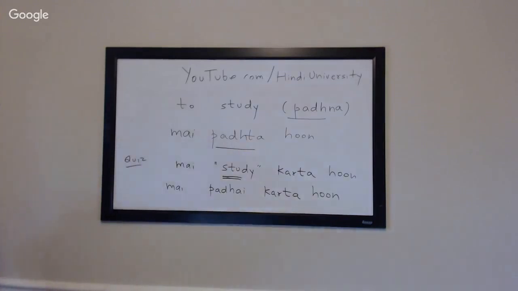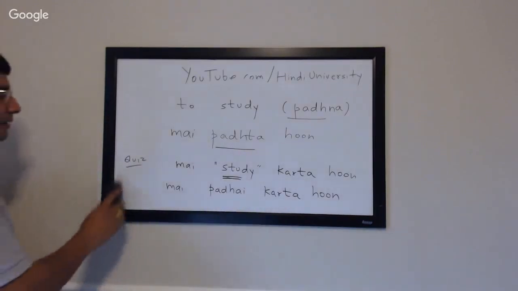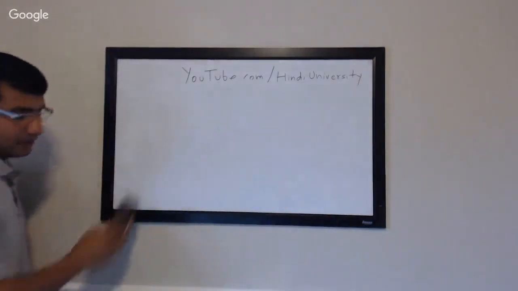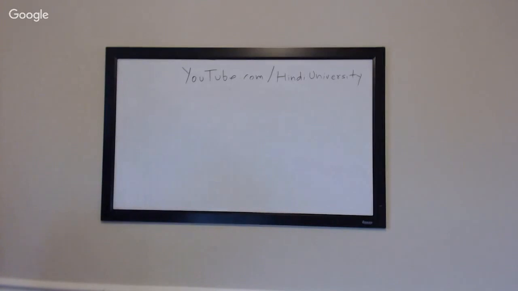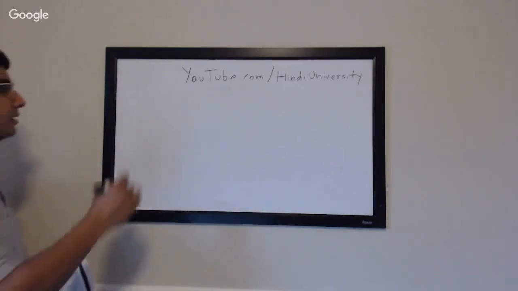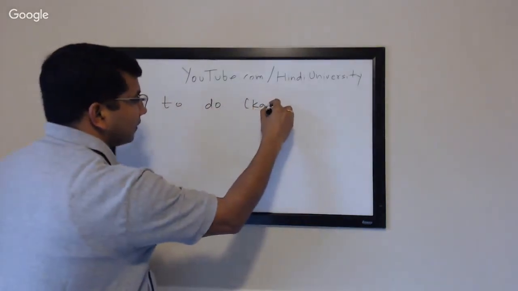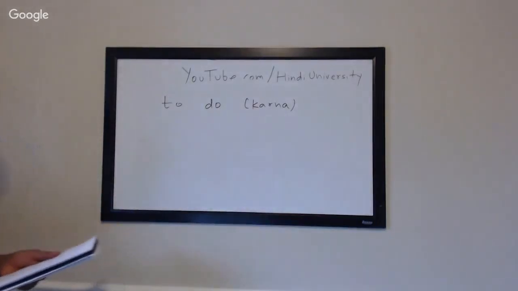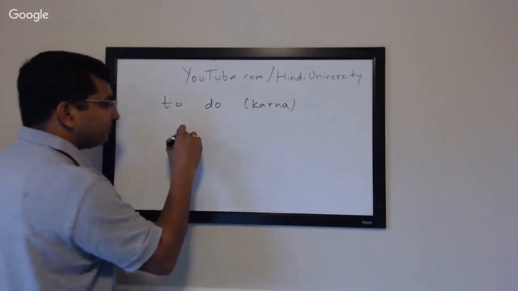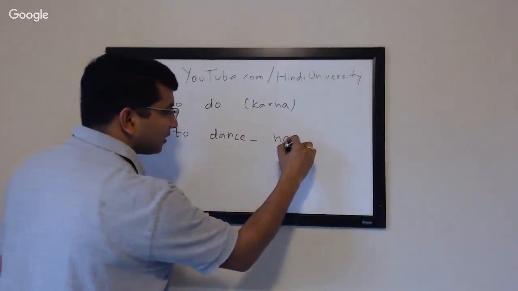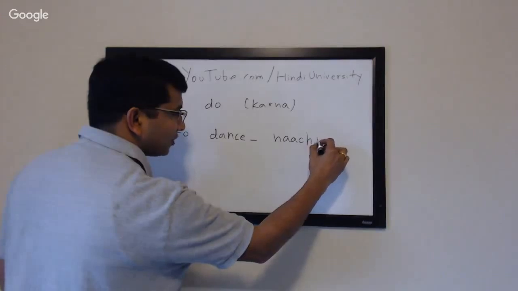Okay, so let's continue to build on top of this and let's explore more examples. So some more examples of to do or karna. In the same way, okay. So let's say to dance in Hindi is nachna, nachna.